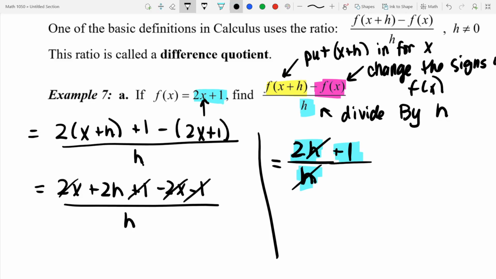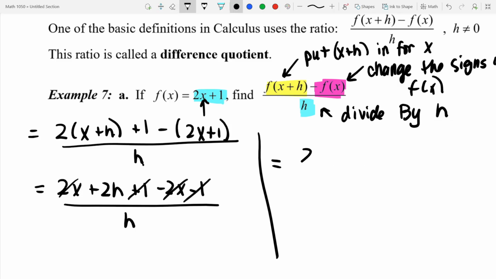Is that nice or is that rude? That's rude. You guys are not rude people, so you would never do that. So this is rude because you're excluding who? The 1. So no, you cannot cancel those h's, okay? But that's not what we had.